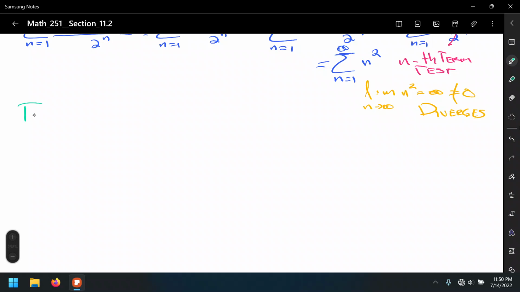So, test x equals -1 plus the square root of 2. So sigma n equals 1 to infinity, and that's n squared, -1 plus root of 2 plus 1 to the 2n over 2 to the n.